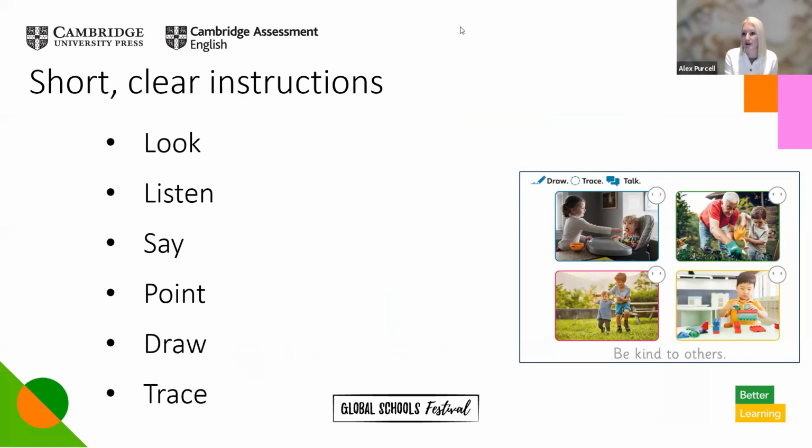So we've just given a few examples here: look, say, draw, trace, things which don't distract from the task itself, and things that the students are going to understand and make sure that they're going to be able to carry out the task as effectively as possible.